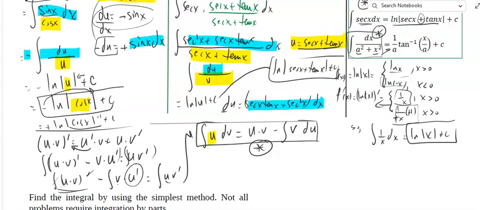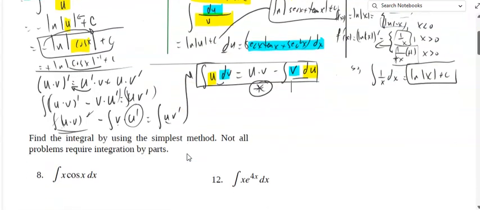Now notice what happened. If I choose a u, I'm going to be taking the derivative of u. If I choose a dv, I'm going to be integrating a v. Switching the order sometimes allows you to integrate, and I'll show you how this works. This works very close to the u sub, the same analogy with one minor exception.